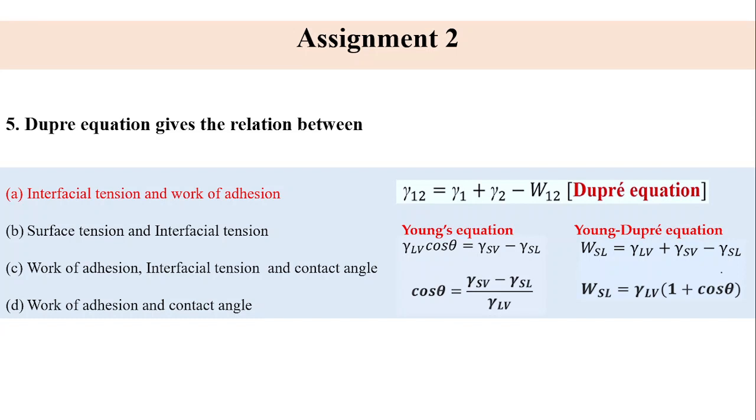Work of adhesion is WSL, interfacial tension is gamma LV and contact angle is theta. As you can see from the options, we have been asked about the Dupre equation. It gives the relation between interfacial tension, that is gamma 12 or gamma 1 and gamma 2, and the work of adhesion, that is W12.